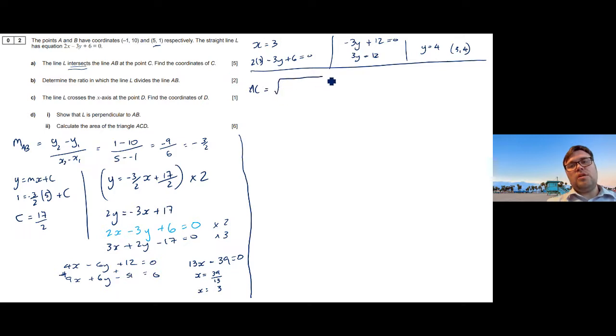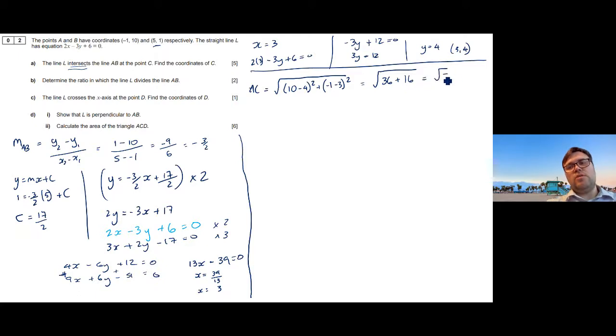So using the distance formula, that's going to be 10 minus 4 all squared plus minus 1 minus 3 all squared, which will give me 10 minus 4 is 6 squared, which is 36, plus 4 squared is 16.